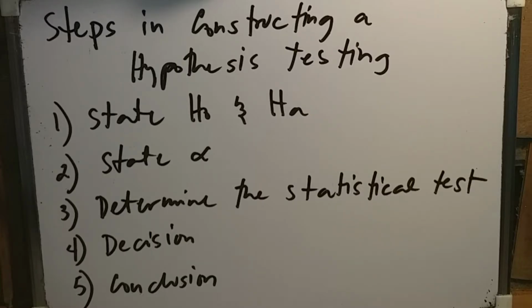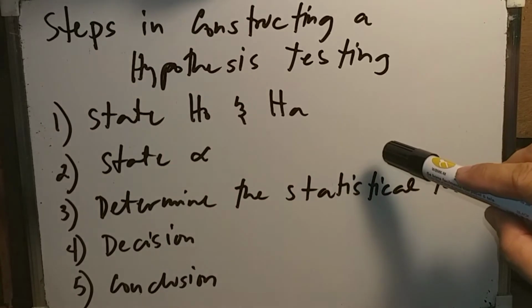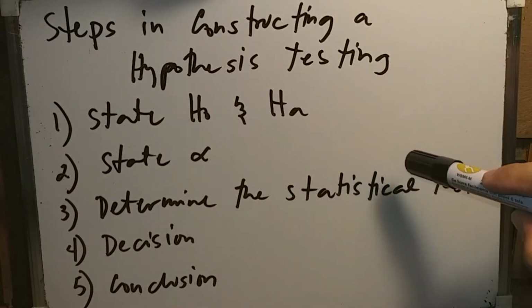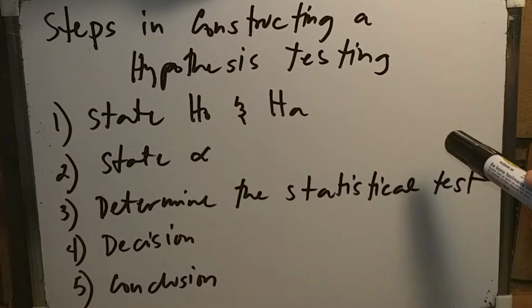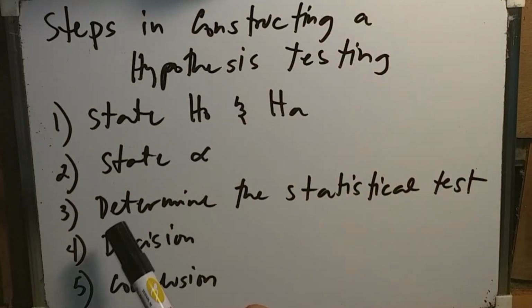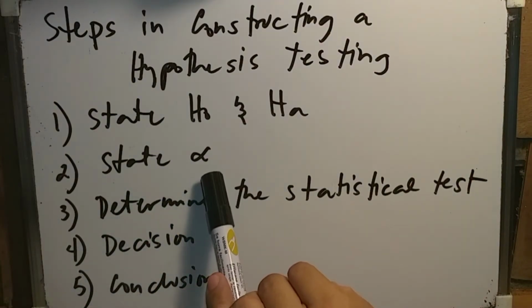Here are the steps in constructing a hypothesis test. The first thing we need to do is to state H naught and HA. But before this, we need to first find the claim in the problem. The second step is to state the level of significance.